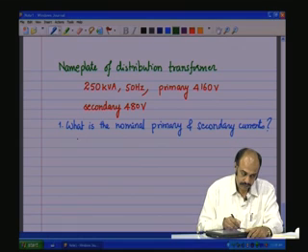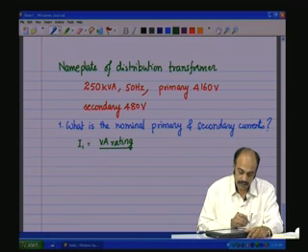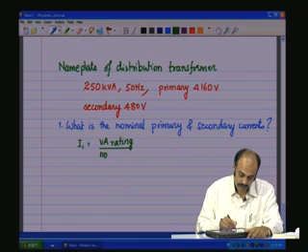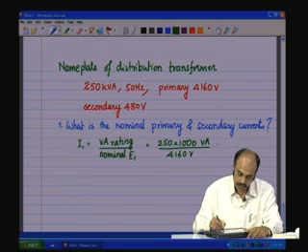The nominal current of the primary, that is I1, is given by the VA rating divided by the nominal E1 of the primary, which is 250 into 1000 VA divided by 4160 volts, which gives you 60 amps.